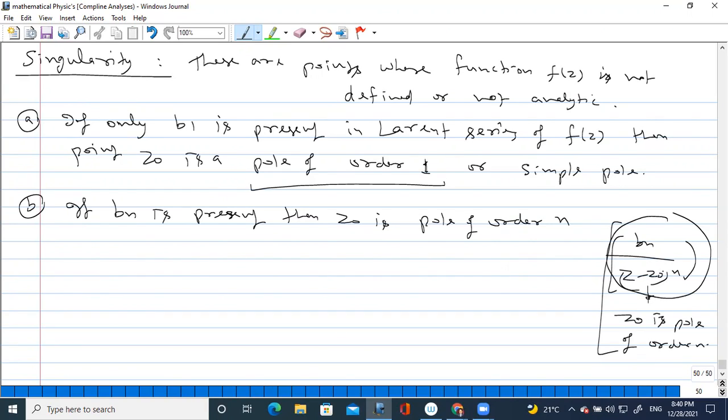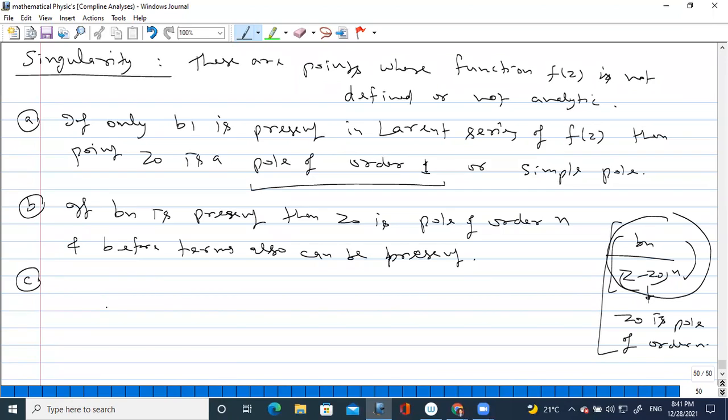The highest term will decide the order of the pole. The earlier terms can be present or not.